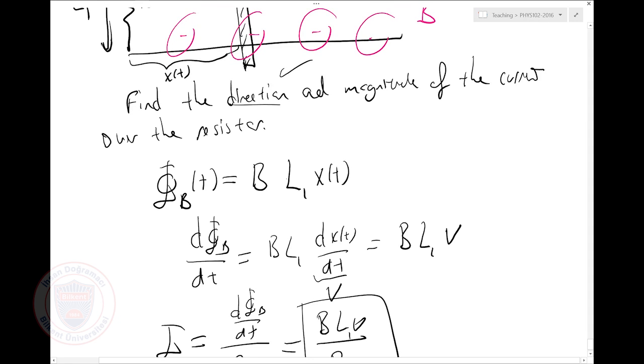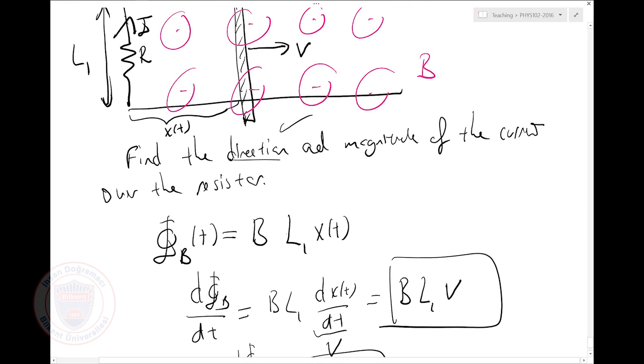Sometimes people actually think of this as a general formula. If I have a piece of wire moving with velocity v, there is a voltage epsilon across its terminals, which is exactly B times L times v.